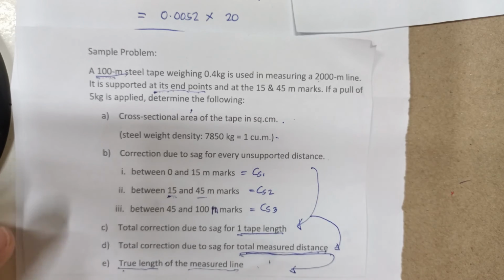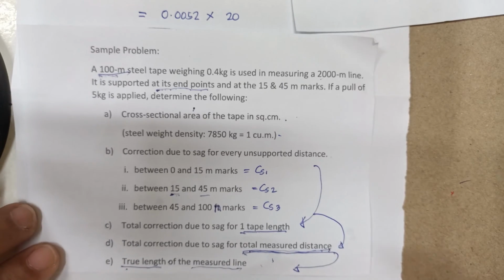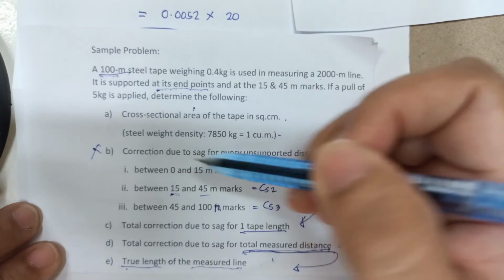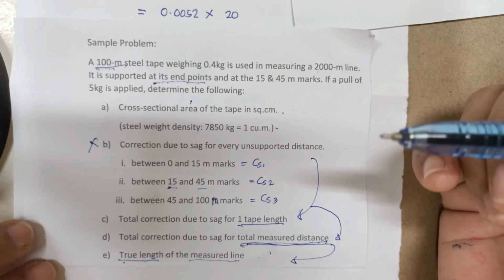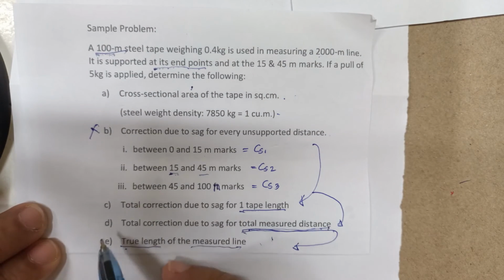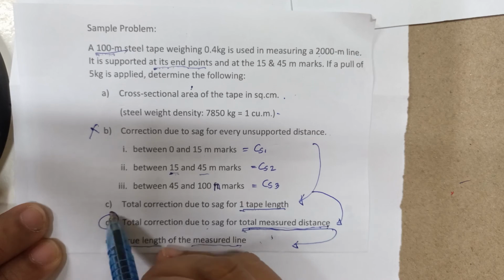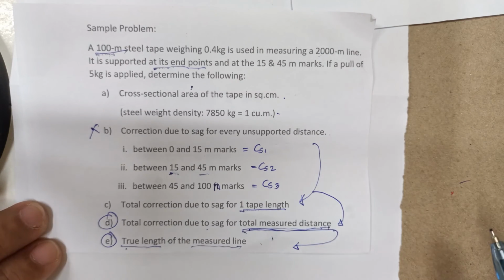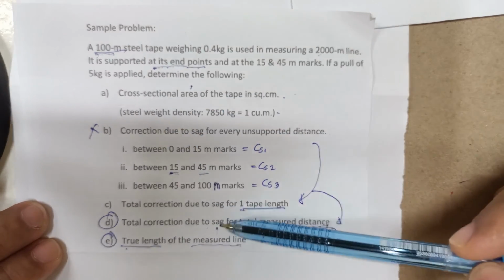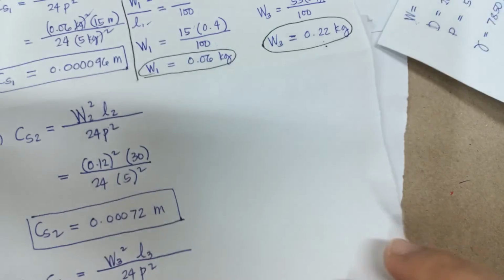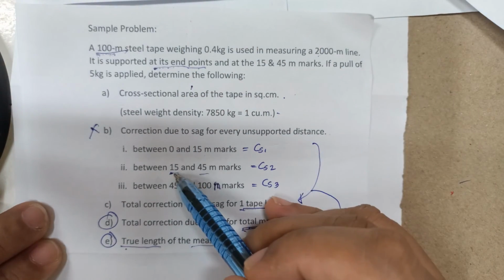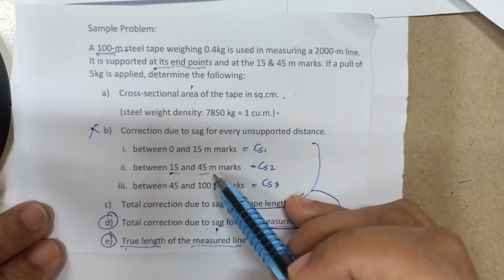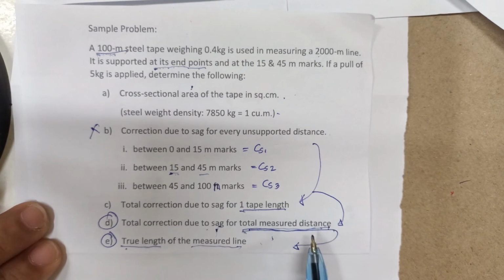Usually in the board exam, this process or this question for B is not usually asked. You will be asked rather on the total correction. If you directly use this formula, and the problem has different supports in between the end points of the tape, it will lead you to a wrong answer.